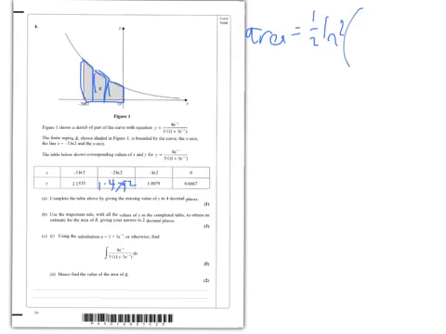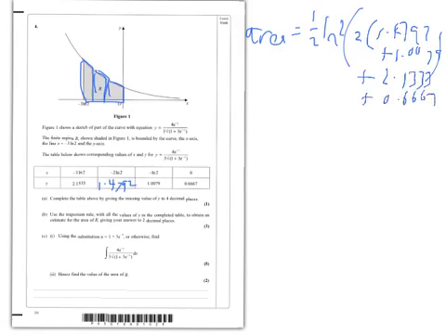So 2 times 1.4792 plus 1.0079 plus 1 times 2.1333 plus 0.6667, and now I bash all of that into a calculator. 2.694333. So 2.69 is enough for 2 decimal places that they ask for in the question.